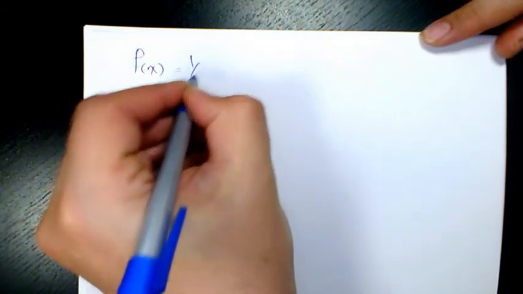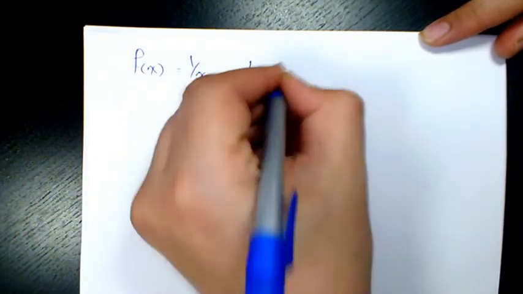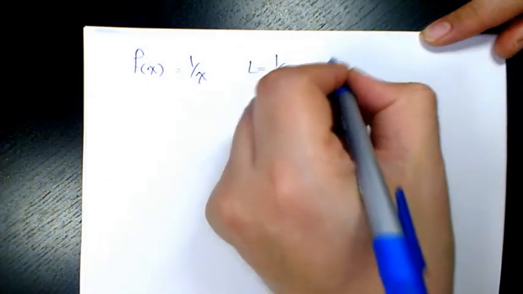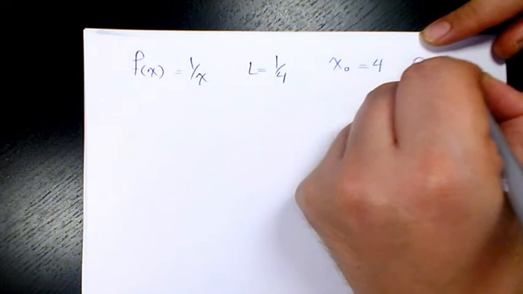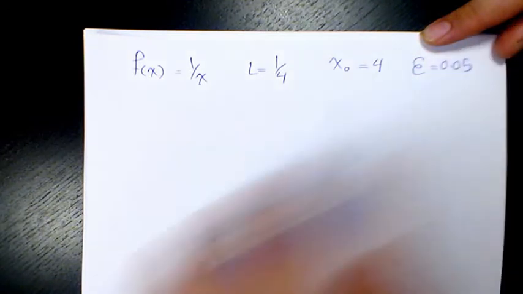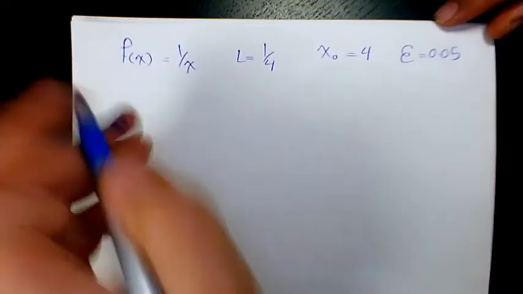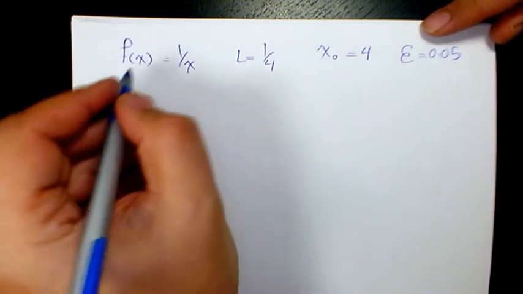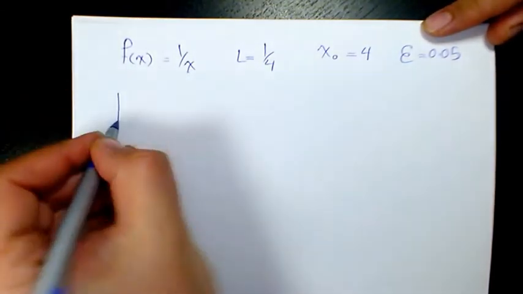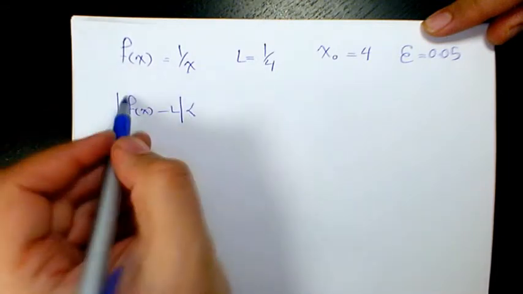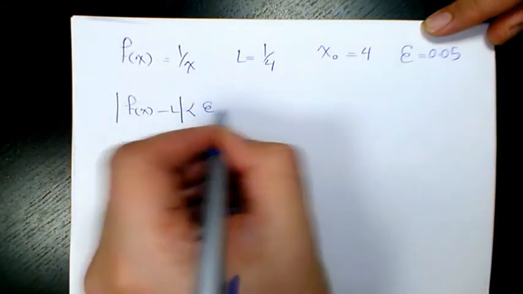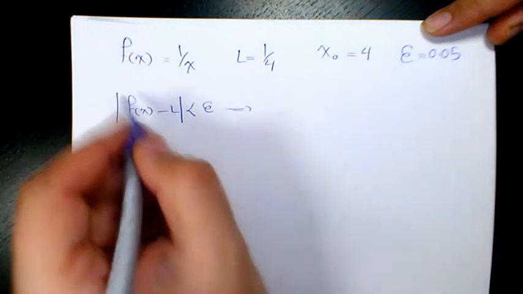Next one is f of x is 1 over x, L is 1 over 4, x naught is 4, and epsilon is 0.05. We can say the absolute value of f of x minus L is supposed to be less than epsilon.